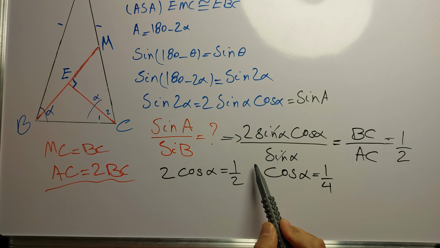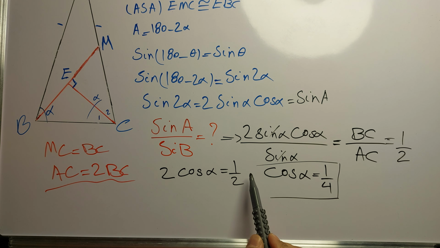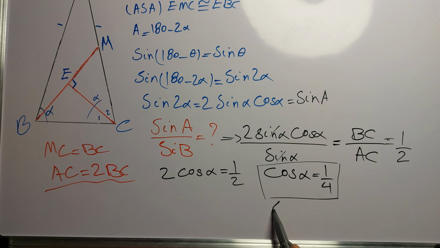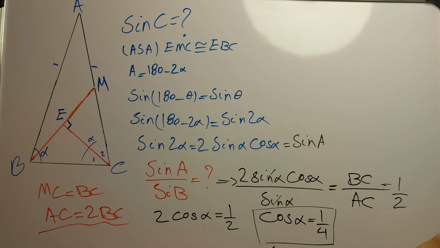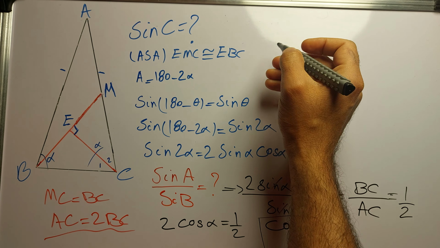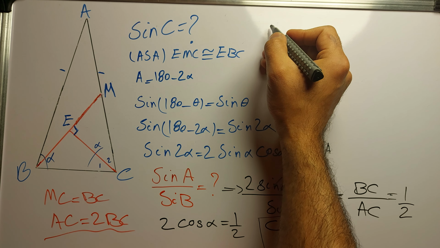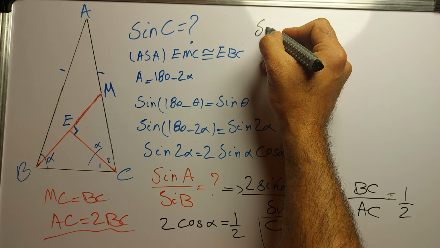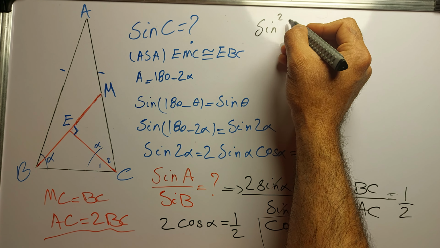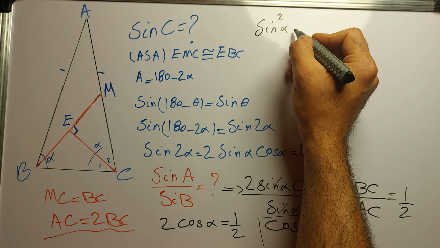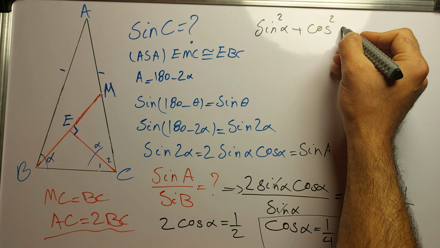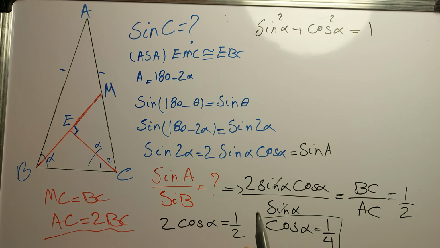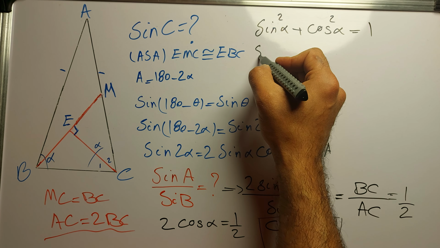So we found the cosine of alpha, but what is sine of alpha? Based on the Pythagorean identity, sine squared alpha plus cosine squared alpha equals 1.